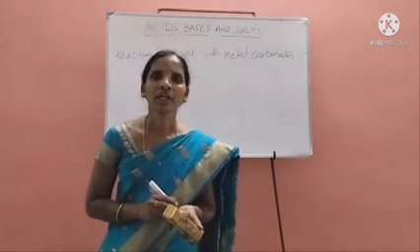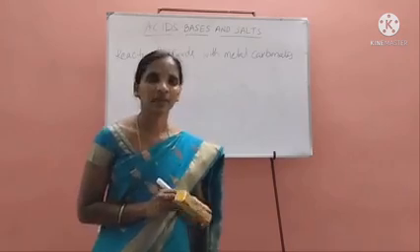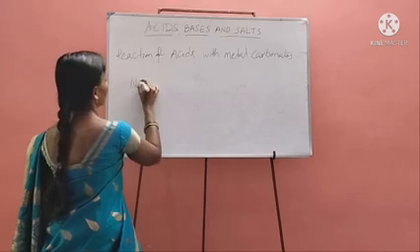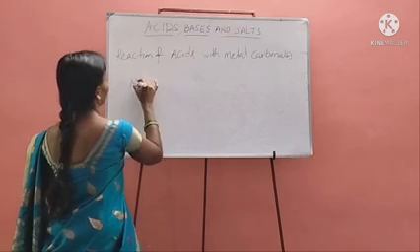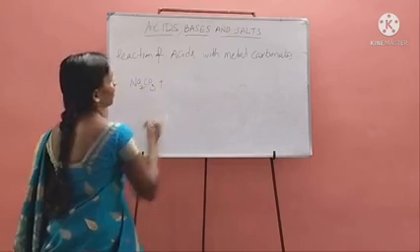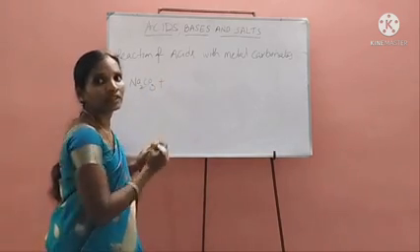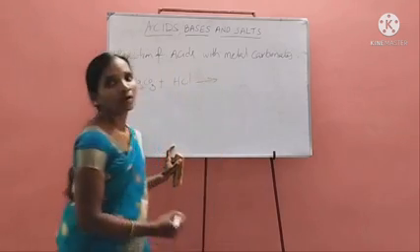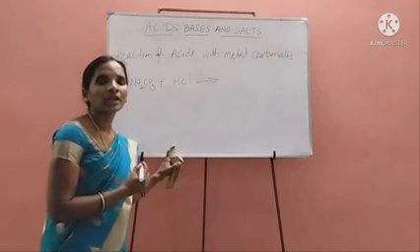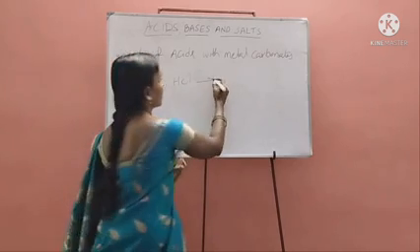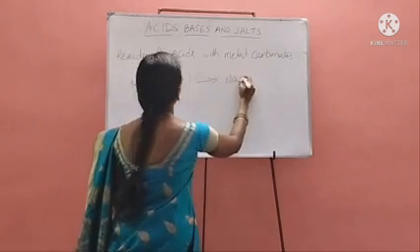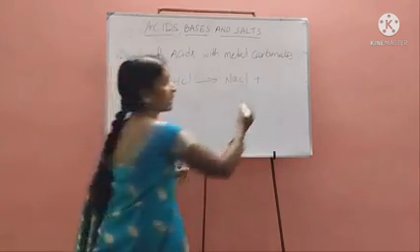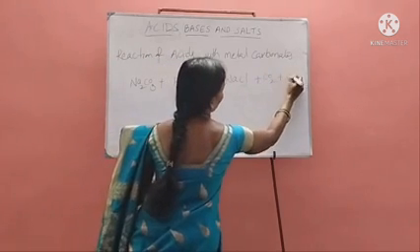Acids react with metal carbonates to form salt and carbon dioxide gas. Metal carbonate, for example sodium carbonate, Na2CO3, plus acid HCl forms salt NaCl plus carbon dioxide plus water.